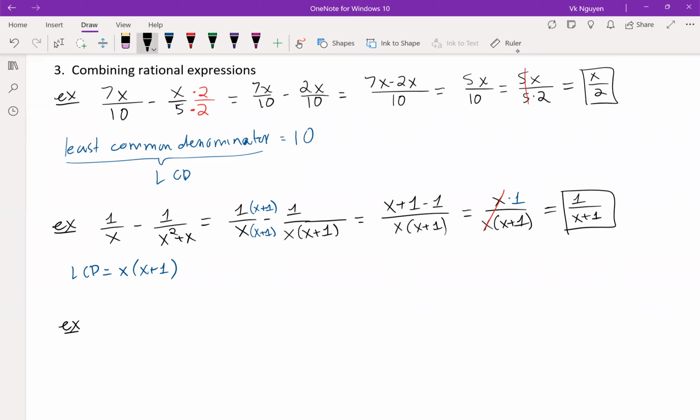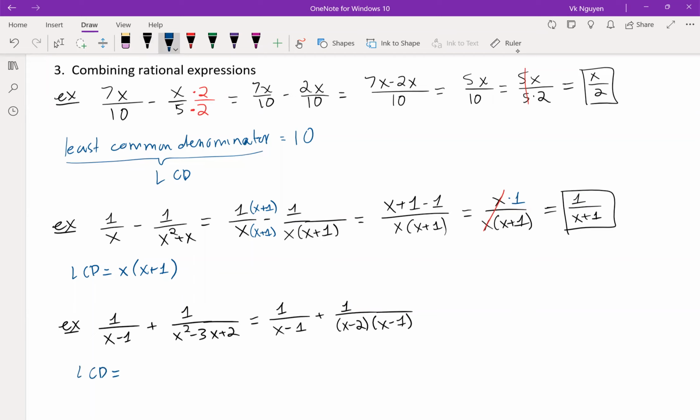Another example is 1 over x minus 1 plus 1 over x squared minus 3x plus 2, which is equal to 1 over x minus 1 plus 1 over, factor it out, we get x minus 2 times x minus 1.